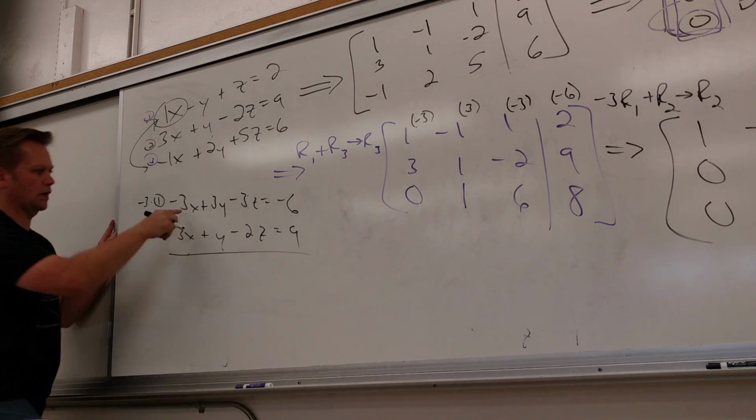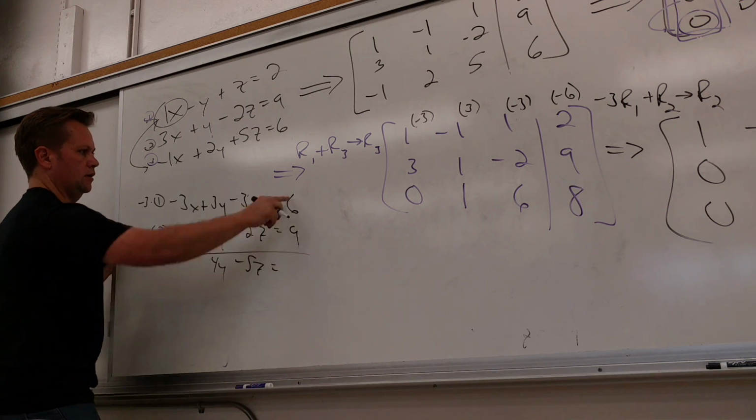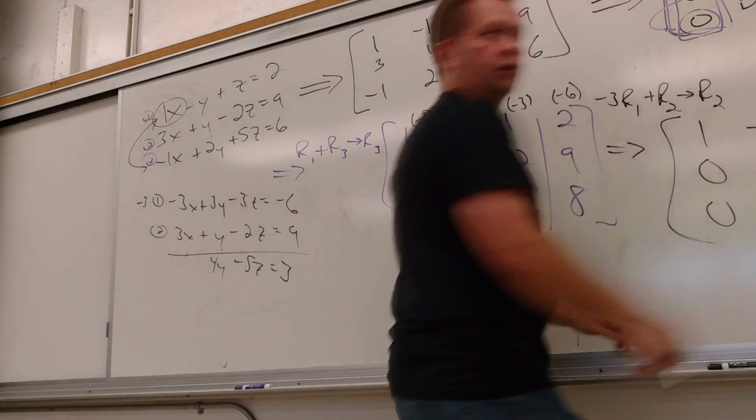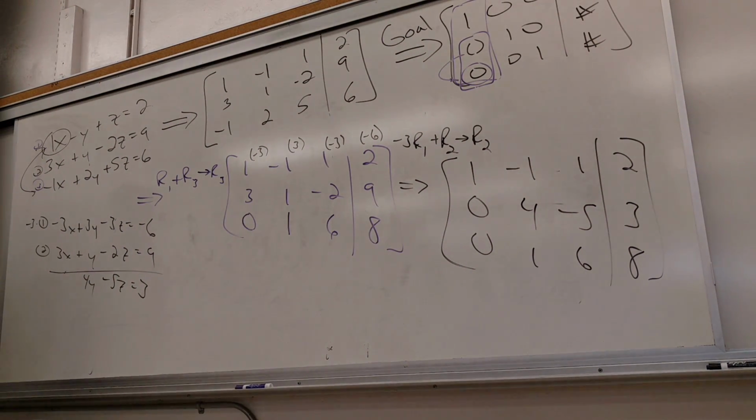And when I add these, I would get 0, 4y, minus 5z equals 3. 4, -5, 3. Continue to let it sink in. So how many of these matrices will we have by the time we solve this? How many times do I have to rewrite it? It depends on how many shortcuts you know and can take.